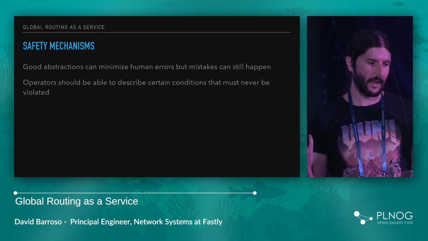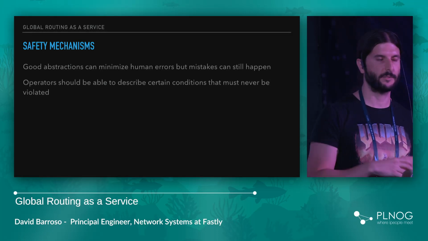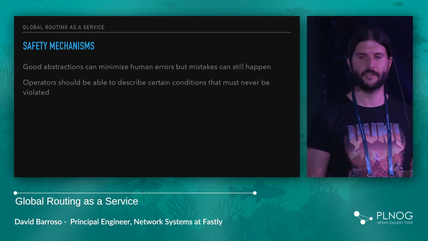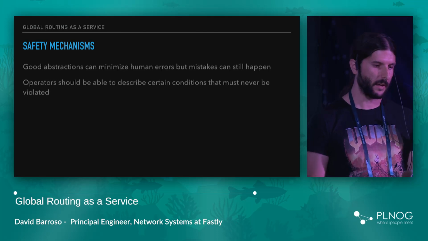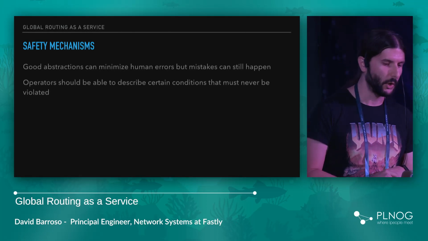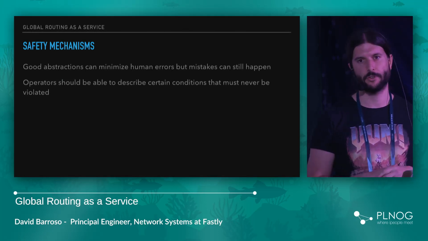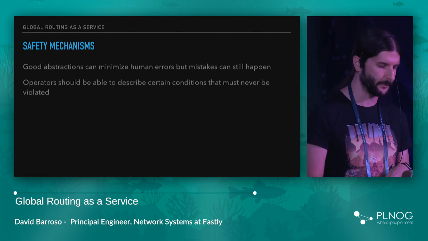Now, having abstractions is great because it allows you to operate things in a saner manner, but mistakes can still happen, right? You may mistake a region for another one, and things may blow up. So you need a way for operators to describe certain conditions that must never be violated.